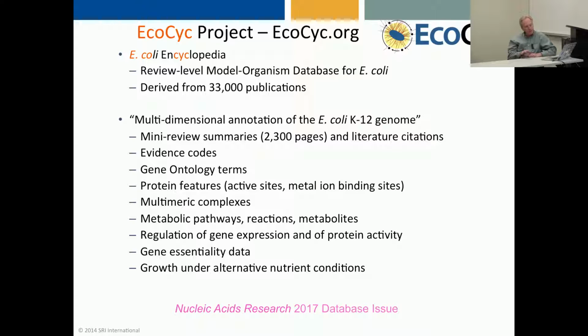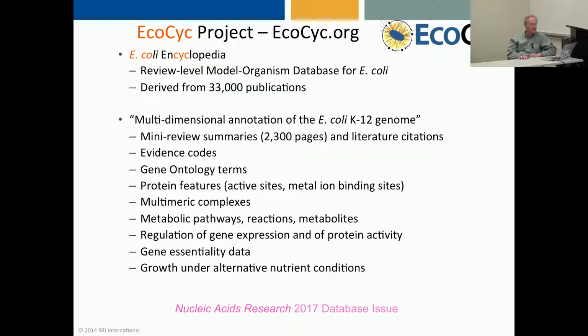Well, the very first database in BioCyc, of the 11,000, was EcoCyc. It's an E. coli database, and that project started in about 1992. We've had a group of people working on extracting information from the literature about the functions of E. coli genes and E. coli metabolic pathways and regulation of E. coli genes by various mechanisms.